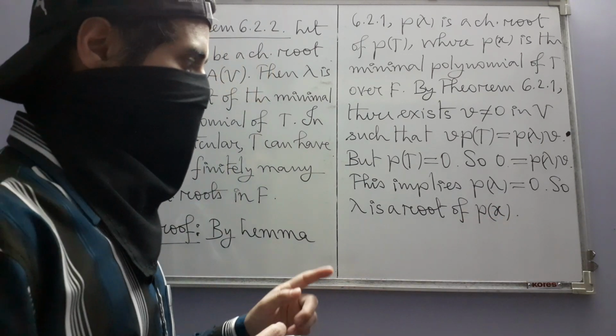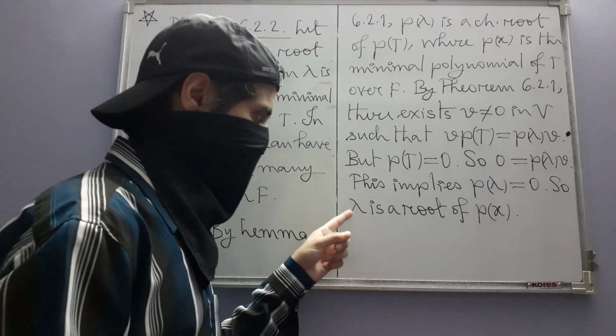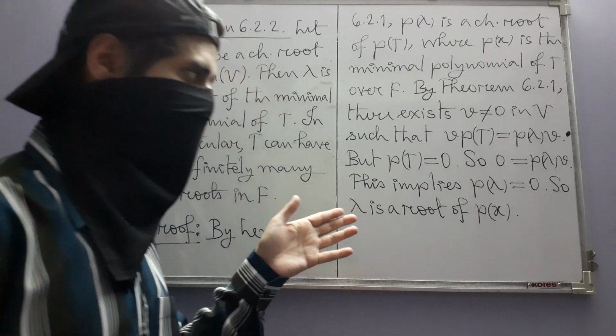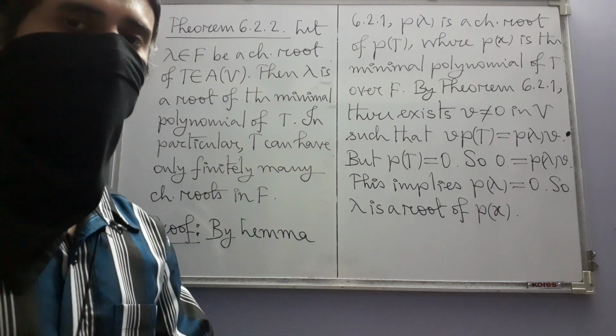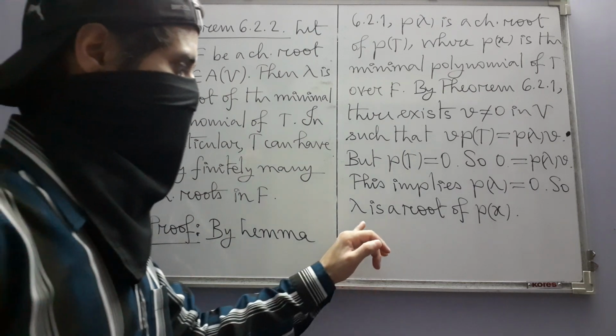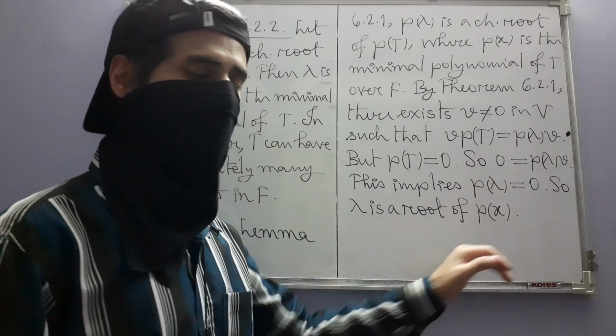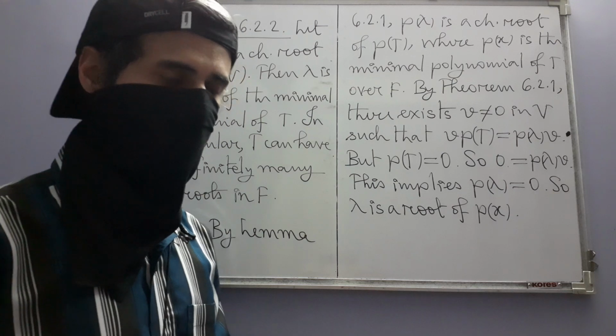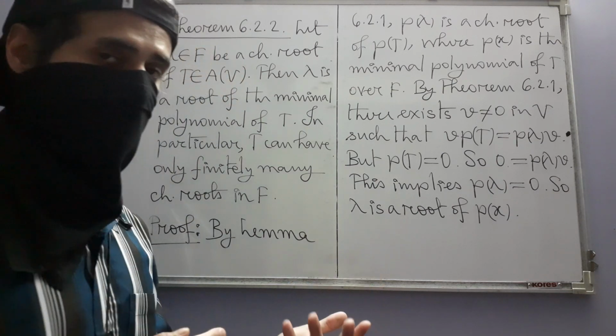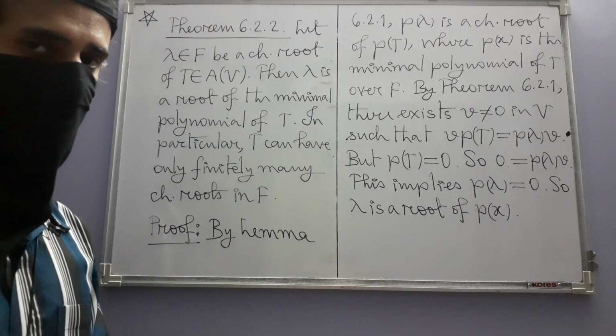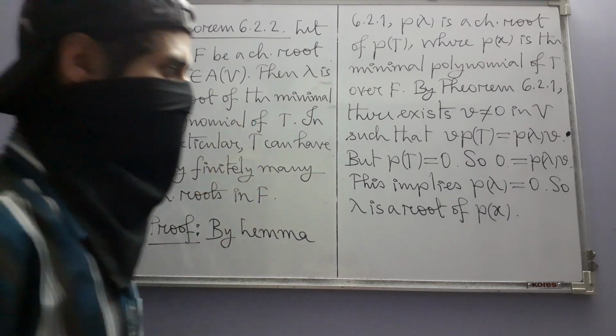Also, just now we have proved that each characteristic root is also a root of the minimal polynomial. So because the minimal polynomial has at most finitely many roots, there are also at most finitely many characteristic roots of T.